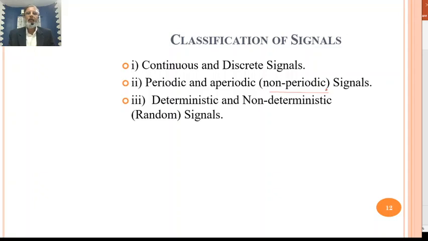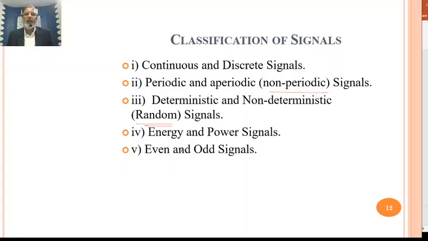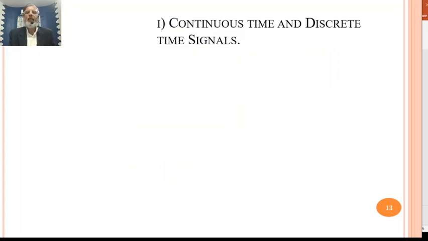Then deterministic signals and non-deterministic signals. Non-deterministic signals are called random signals. Energy signals and power signals, and even signals are called symmetrical signals, and odd signals are called asymmetrical signals. The first type of signal is the continuous time signal.